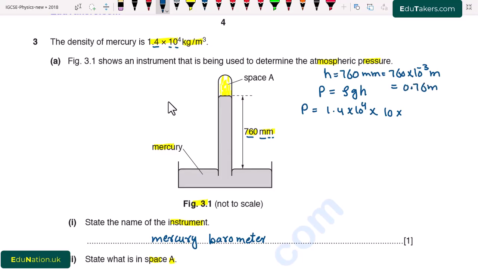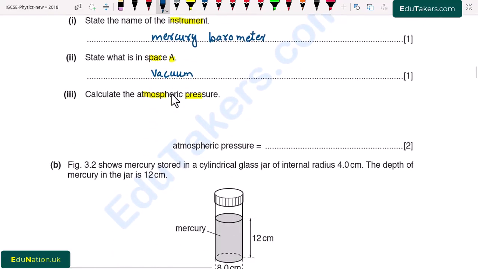So I multiply 10 with 0.76 and the value of atmospheric pressure comes to be 1.1 into 10 to the power 5 Pascal. So this is the value of the atmospheric pressure. I write here 1.1 into 10 to the power 5 Pascal.